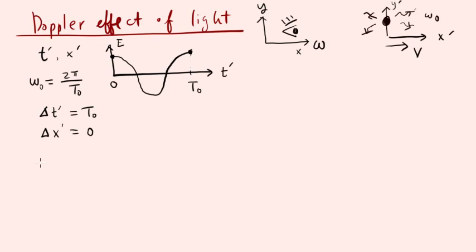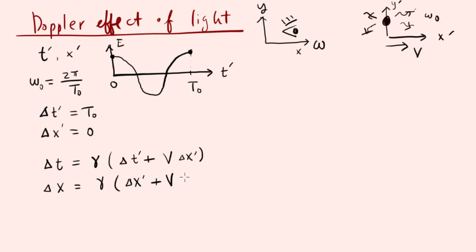So now we translate these delta x prime and delta t prime values using the Lorentz transformation. Delta t equals gamma times delta t prime, actually it's plus in this case, plus v delta x prime. And delta x equals gamma times delta x prime plus v delta t prime.